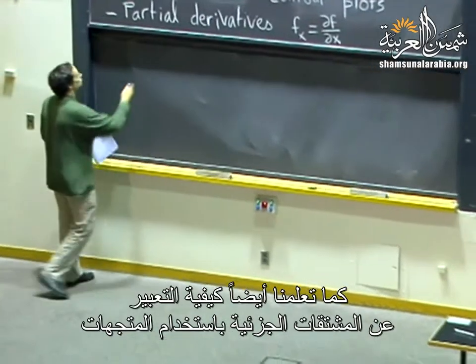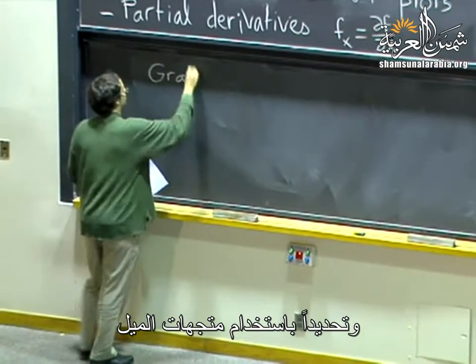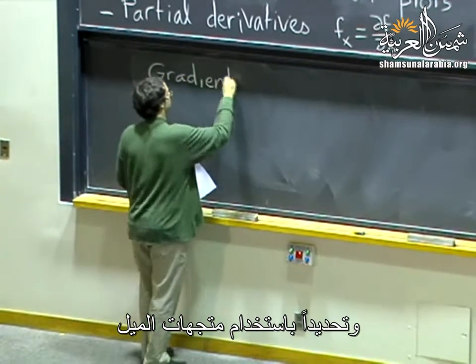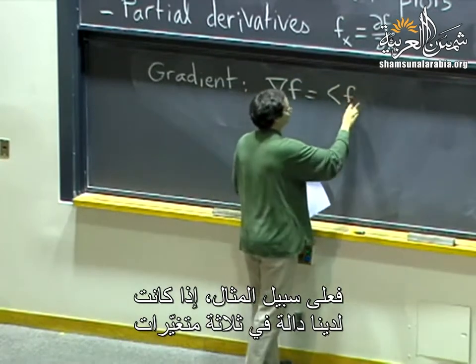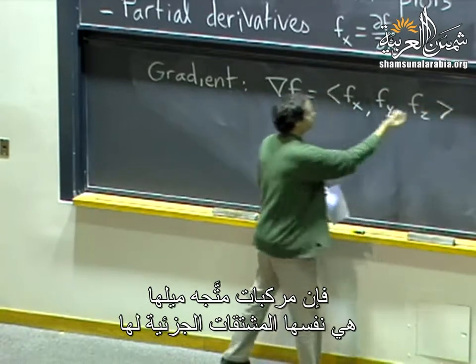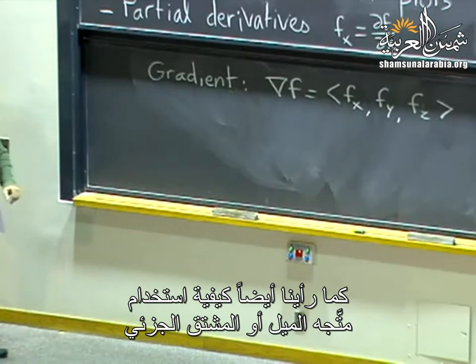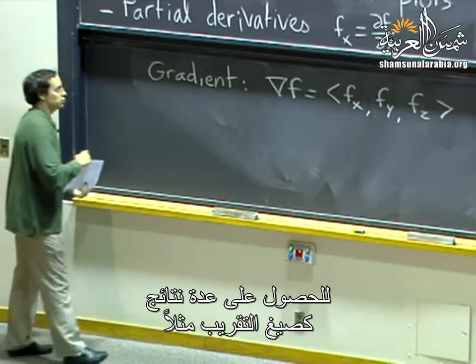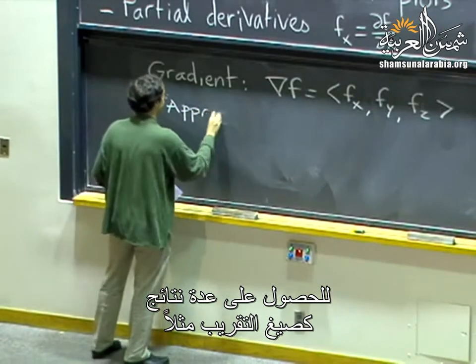And we've learned how to package partial derivatives into a vector, the gradient vector. For example, if we have a function of 3 variables, that's just the vector whose components are the partial derivatives. And we've seen how to use the gradient vector or the partial derivatives to derive various things, such as approximation formulas.